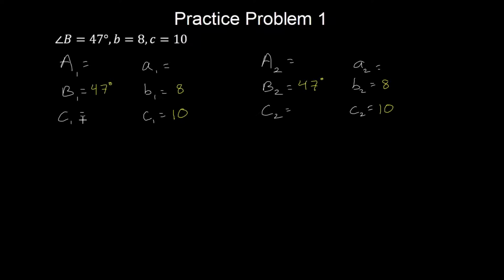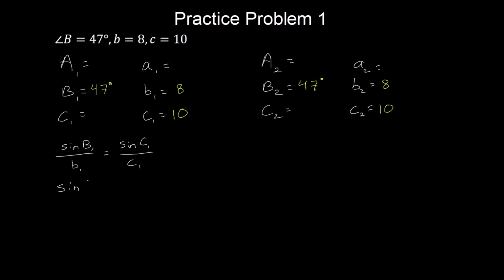If I was ignoring that triangle, I would solve this to get angle C1. I would use law of sines. So the sine of angle B1 divided by side length B1 is equivalent to the sine of angle C1 divided by side length C1. Doing a little bit of rearranging.